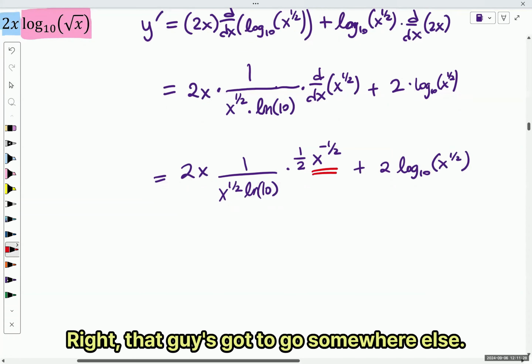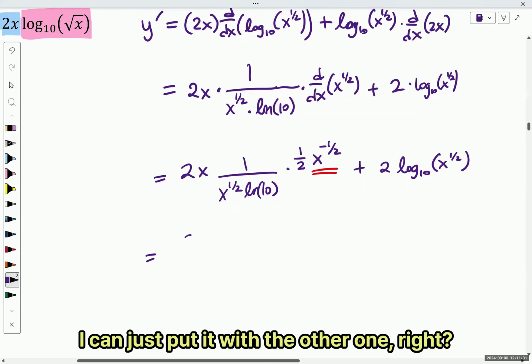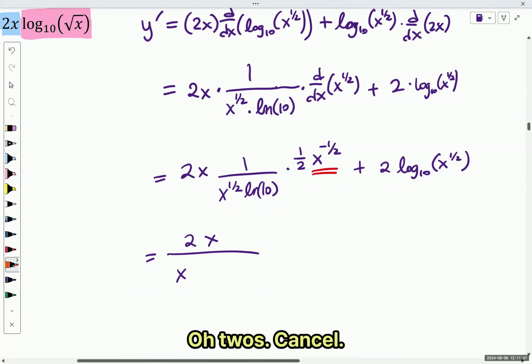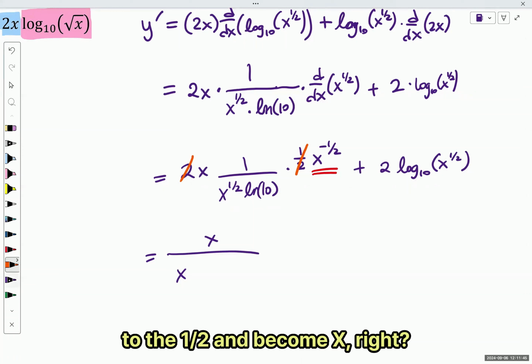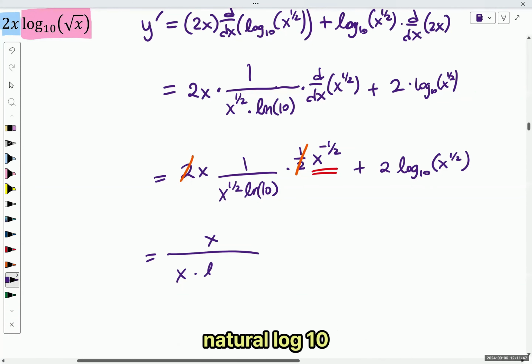That guy's got to go somewhere else. I can just put it with the other one. Oh, twos cancel. Let's cancel the twos. So the x to the negative 1/2 is going to go with x to the 1/2 and become x, natural log 10. But then the x's cancel.